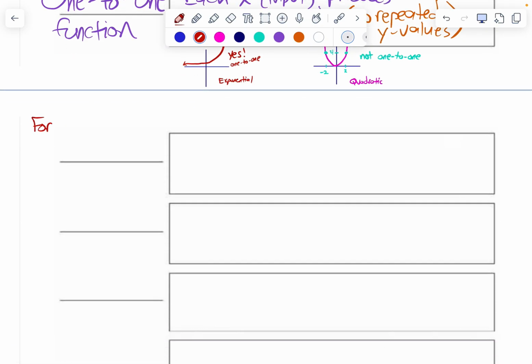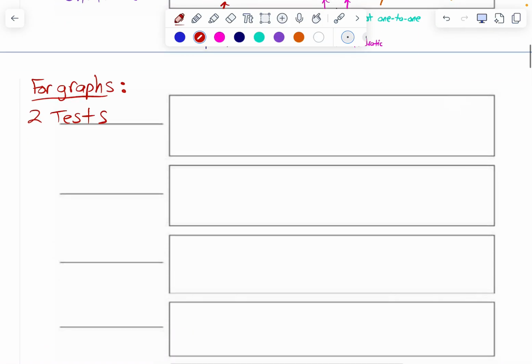You can't do this with tables or equations, but for graphs, you can. Okay. First one, is it a function? Use the vertical line test.